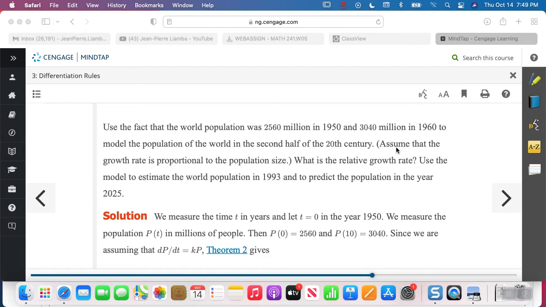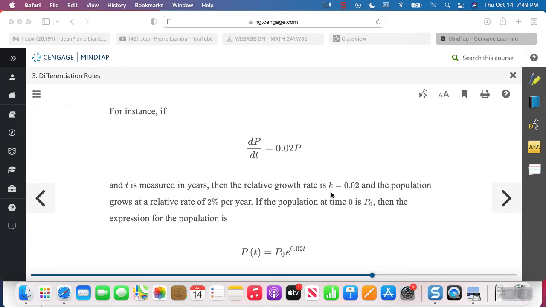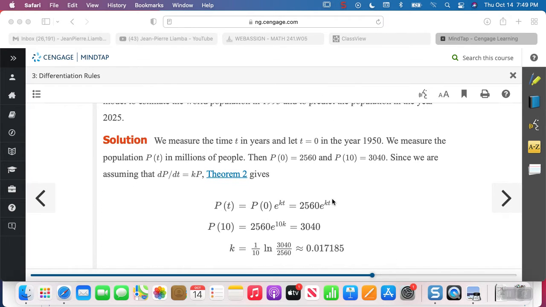They assume that the growth rate is proportional to the population size, so the differential equation is dP/dt equals kP. That's what we want to use. What is the relative growth rate? The relative growth rate is k.